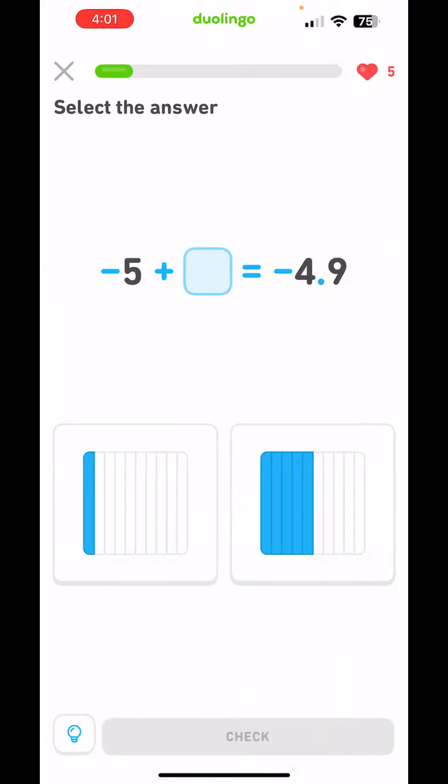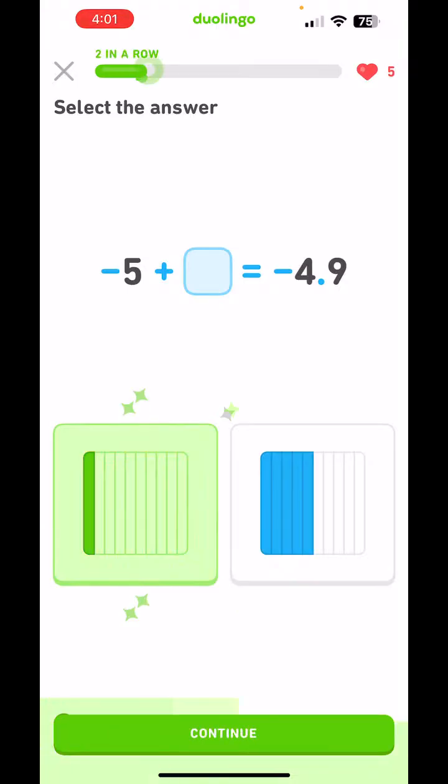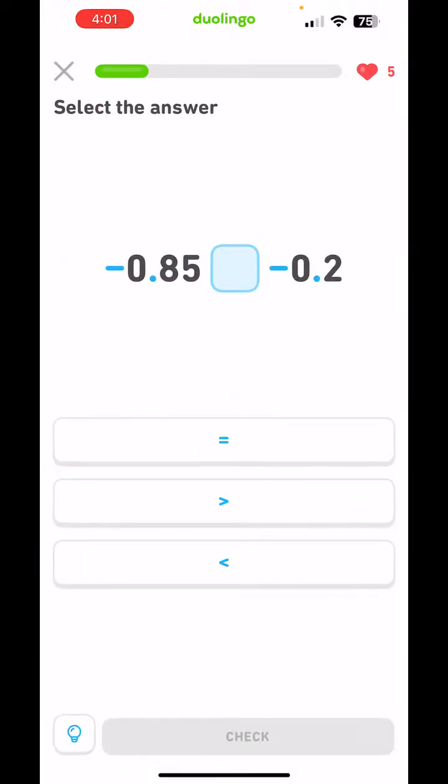And here we have negative 5 plus x equals negative 4.9. So I think the answer is 0.1. Oh, and Ethan agrees. Thank you. Okay. All right, so now we have negative 0.85 is greater than, less than, or equal to negative 0.2.